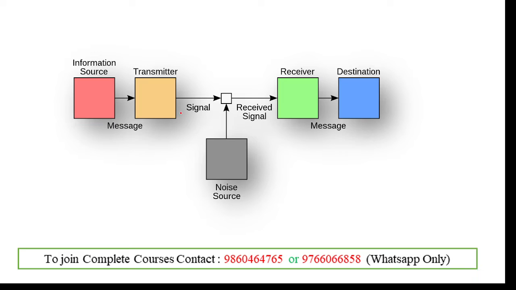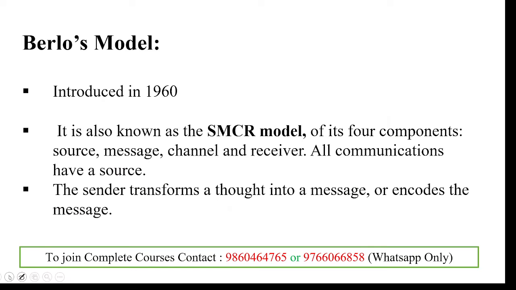Between the transmitter and the receiver you can see the noise. So noise is a barrier for communication. These are the important components under Shannon's model, and it was introduced in the year 1948. Clear? Then the next one, Berlo's model.